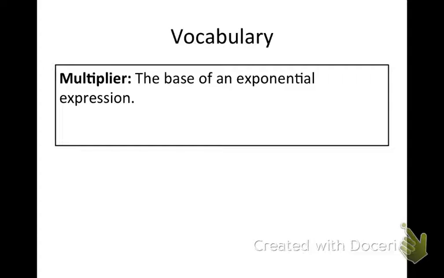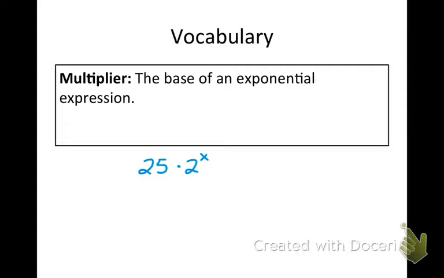So in our example for the bacteria, we had, let's say, 25 times 2 to the x. That would be an exponential expression because the x is in my exponent. Now let's quickly think. Would the multiplier be the 2 or would it be the 25? The 2. Why? Because it's the base.